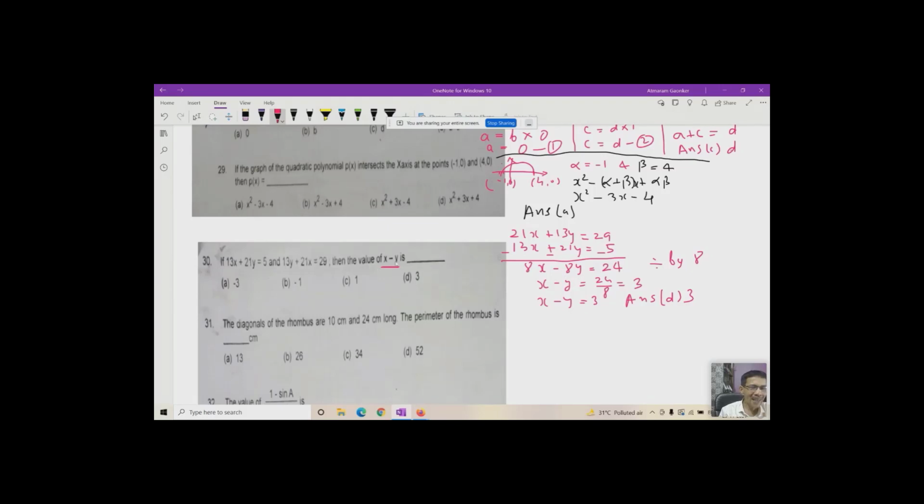But you could be asked x plus y. If you are asked x plus y, then you have to add this. Now here you subtracted. Instead of subtraction, you make the addition and you will get x plus y.